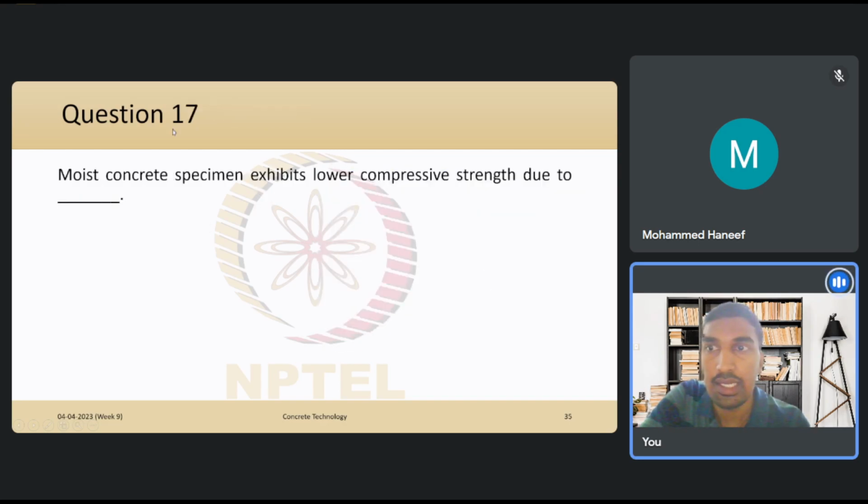Okay, so question 17 is, moist concrete specimen exhibits lower compressive strength due to dash. So we can use the chat for this one. So what is the effect, or what is the term that we use to describe this condition that moist specimen is exhibiting a lower compressive strength?